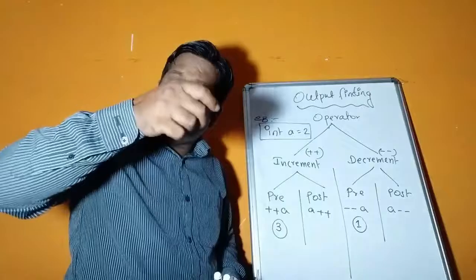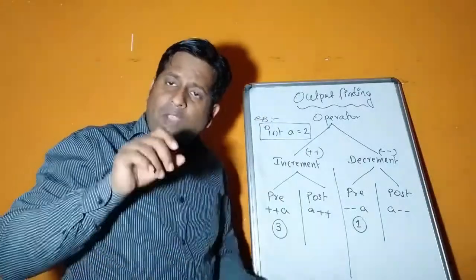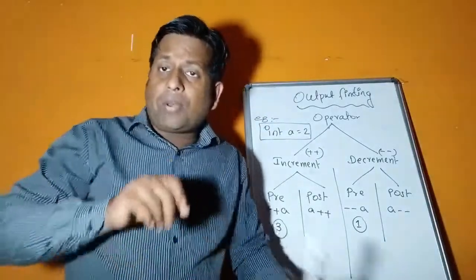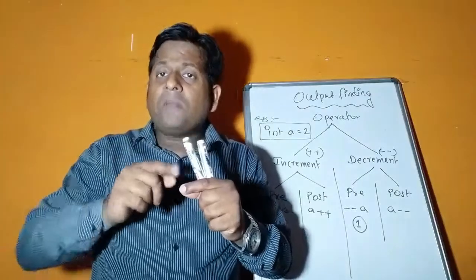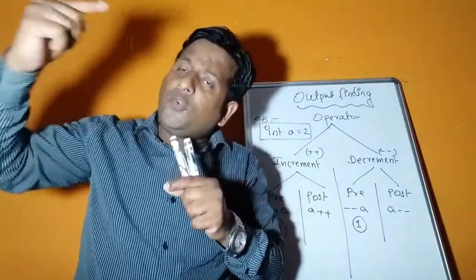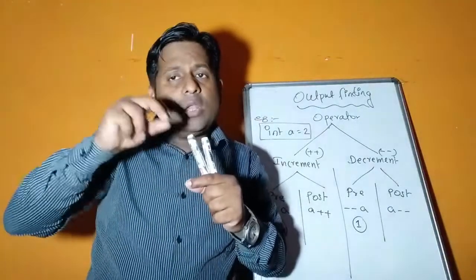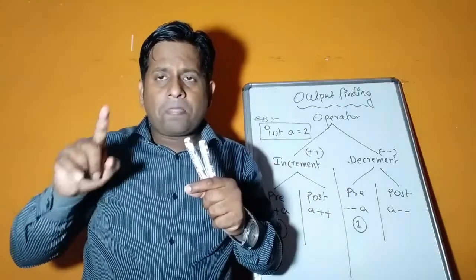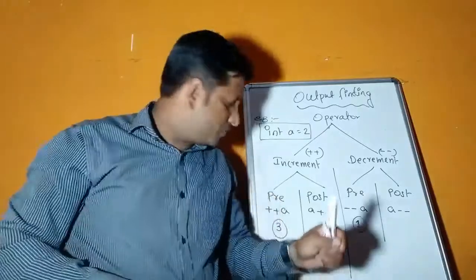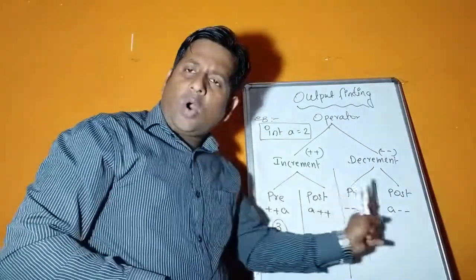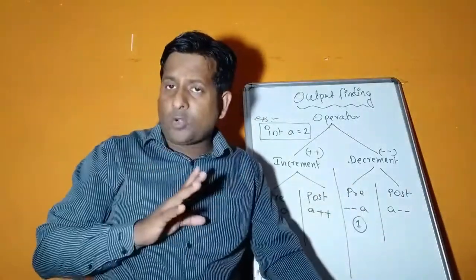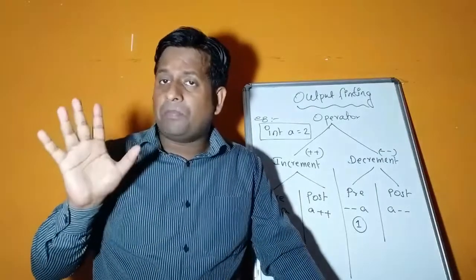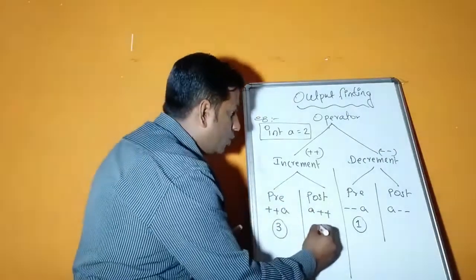That means the value remains the same. But what about the increment or decrement? That will happen after, that means if you get the same variable again, then only the effect will be there. Once again, for pre we don't have any problems. Directly it will increase or decrease. But for post, the value remains the same, so the answer will be 2 only here.